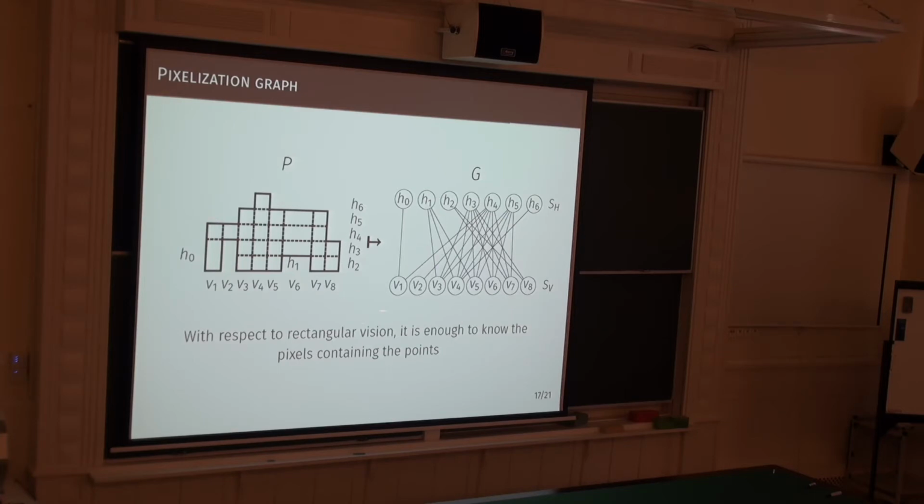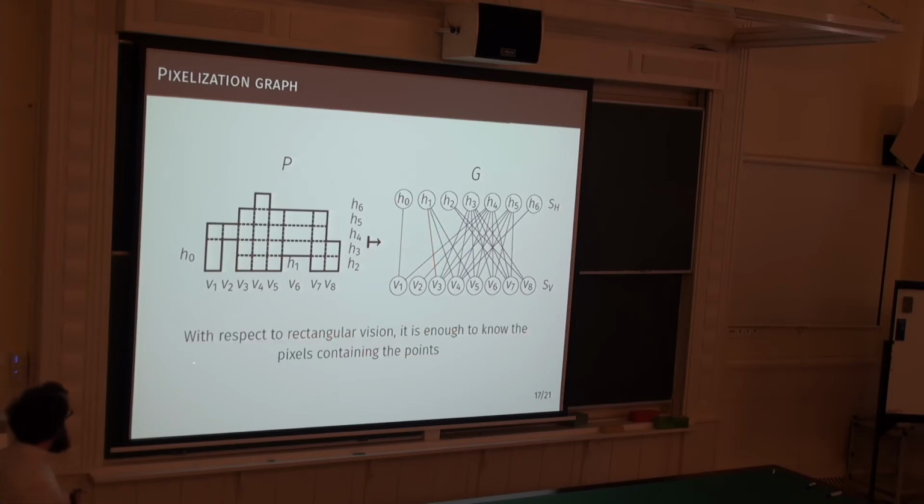This is going to be the bottom class of the graph. Similarly, we cut our polygon at each reflex vertex horizontally, and we get the set of horizontal slices. And now G is simply the intersection graph of these sets, meaning that 2 nodes are joined by an edge if and only if their interiors are intersecting.